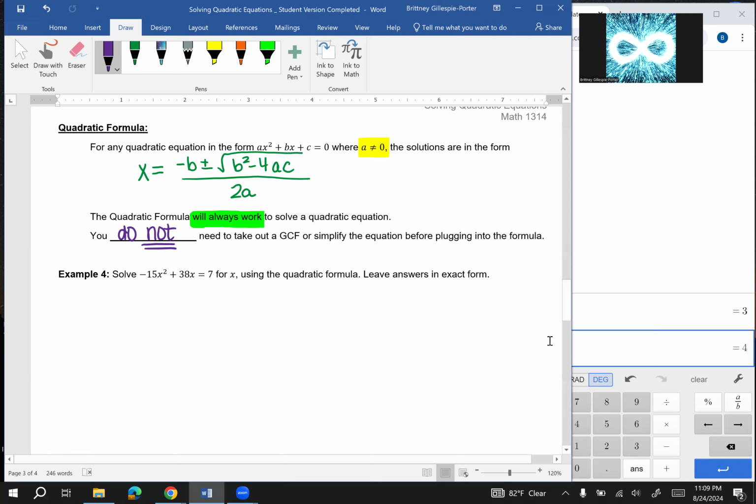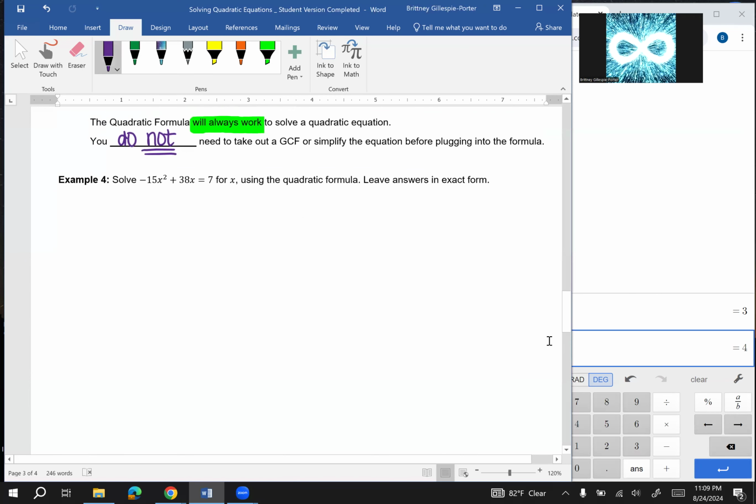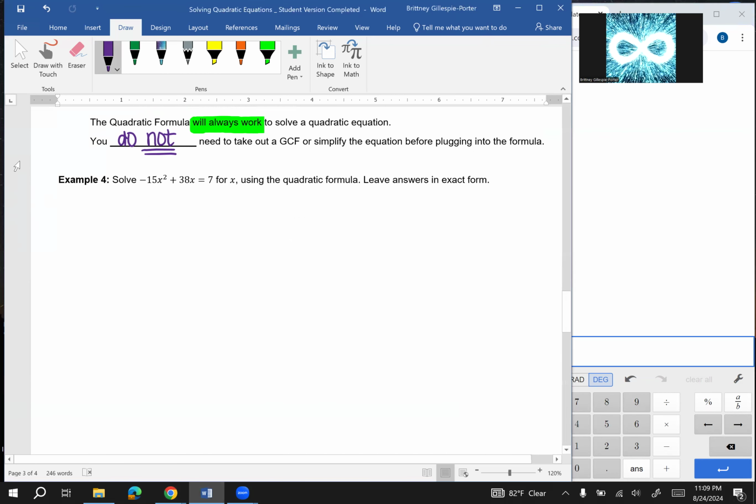So let's try our first example and make sure that you have a calculator handy whenever you do the quadratic formula, because you're going to want it.